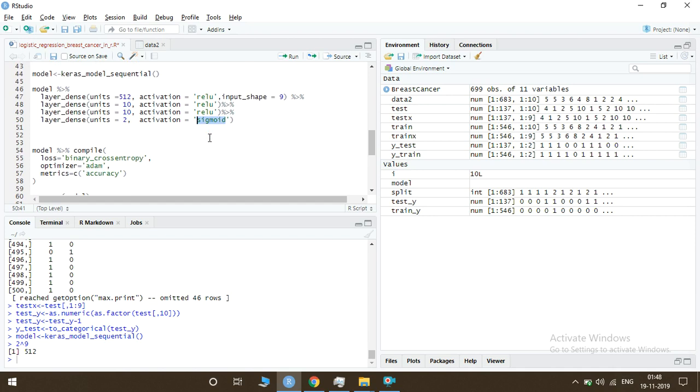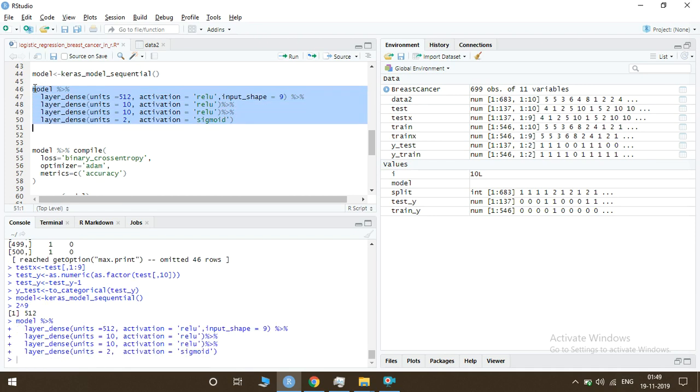That's the reason we use sigmoid as the activation of the output layer. Having said that, we create our model over here, so our model has been created. Always remember that all these things should be attached to each other via the pipe symbol.